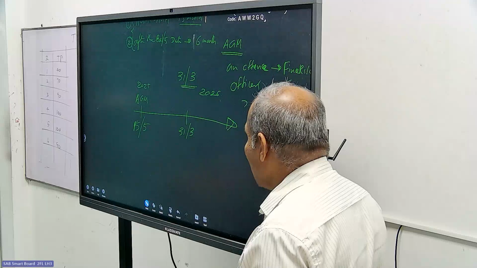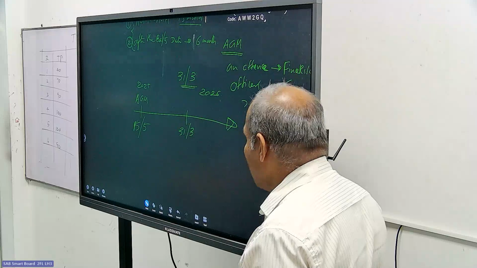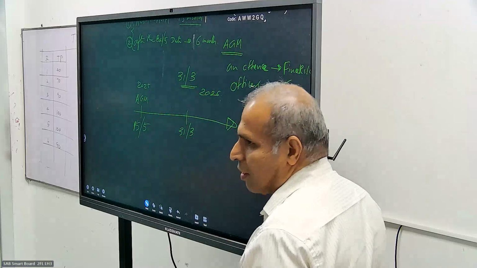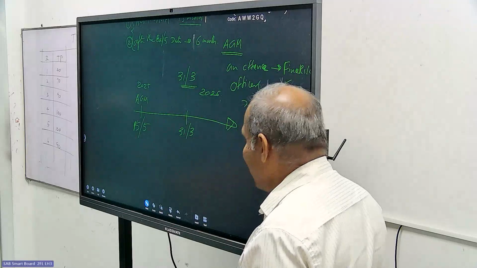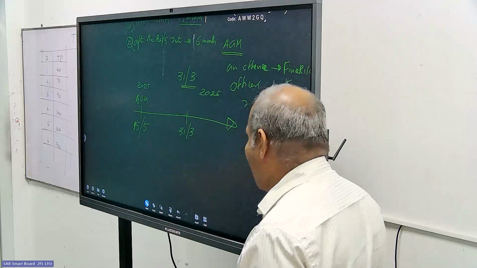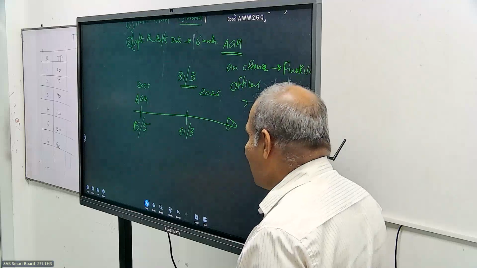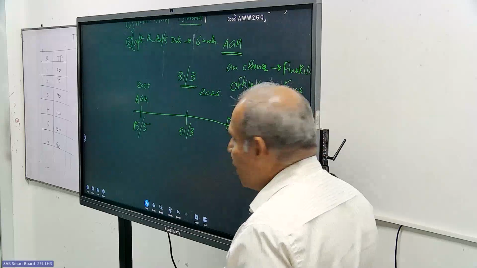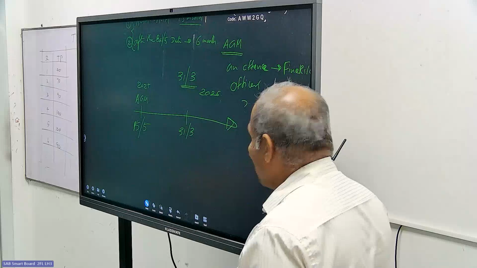AGM for 2025 held on 15 May. Balance sheet date is 31st of March every year. Then we have to calculate the duration for AGM 2026.